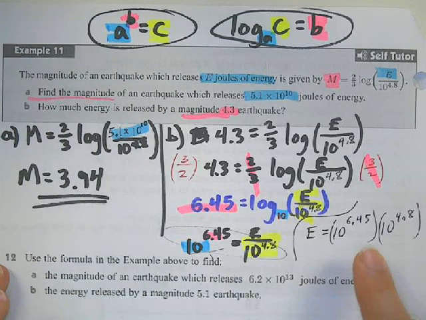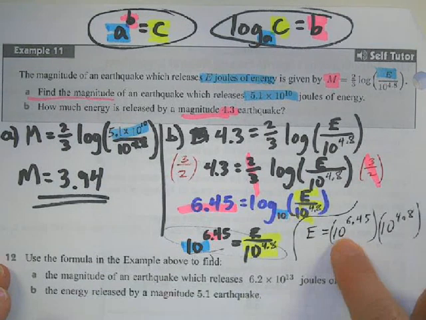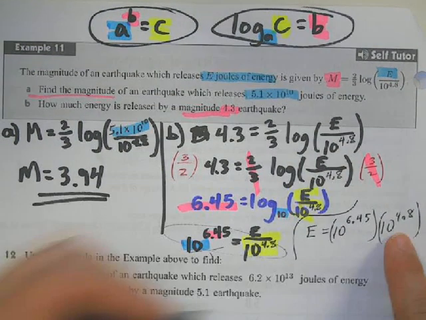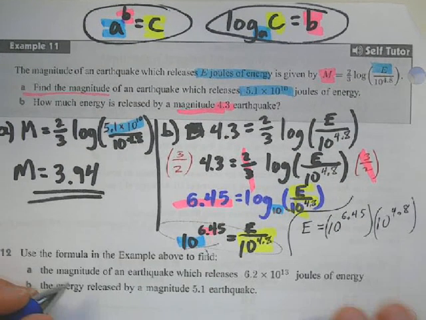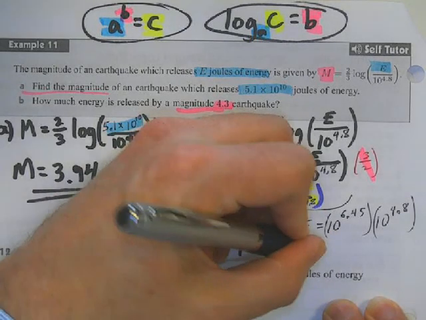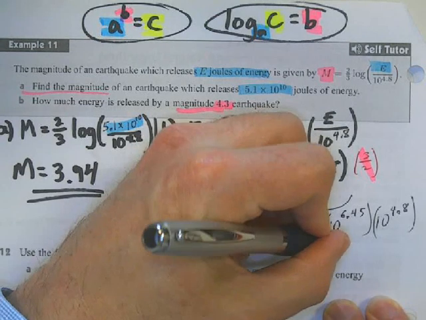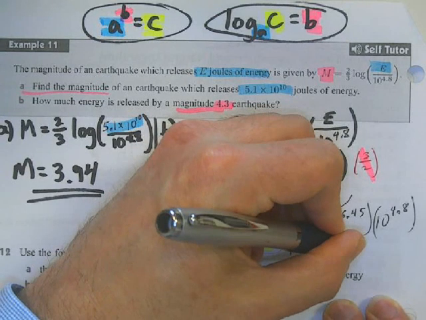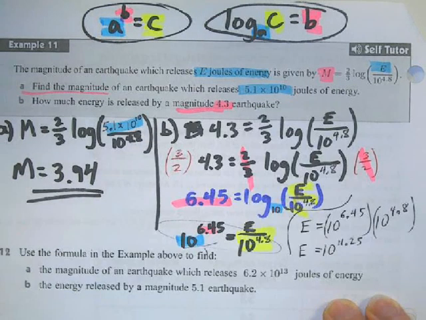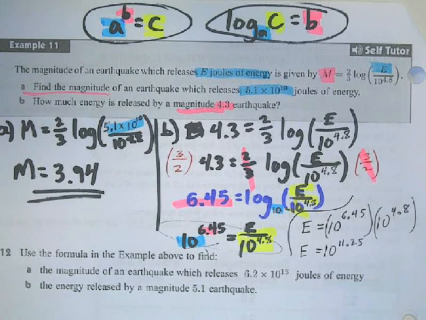And if you got the bases the same, like this, then we can simply add those powers together, and I get e is equal to 10 to the power of 11.25, adding the 6.45 and the 4.8 together.